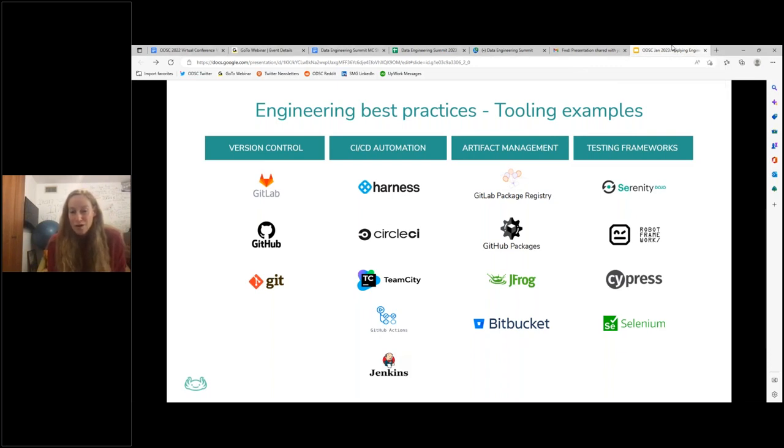The first two are rather new, that just shows that we still have innovation in this field, although it's a very known practice. And we then have the artifact management tools, and last but definitely not least, the testing frameworks. We can see also that the tools that I gave at the beginning for version control, all based on Git, of course there are more, these are only examples, are spreading into providing CI and CD automations and artifact management.